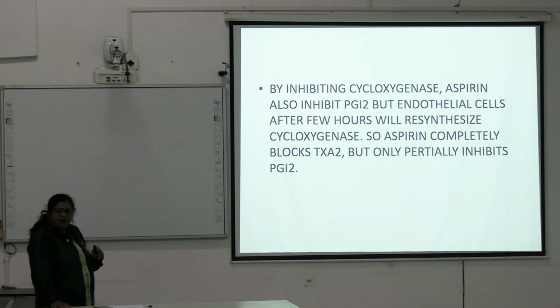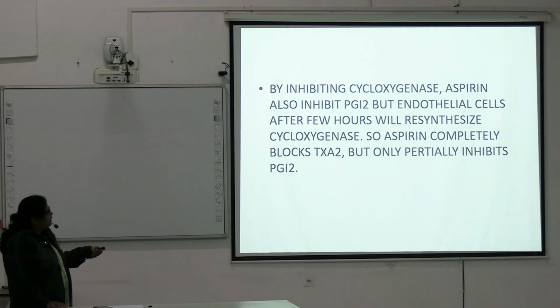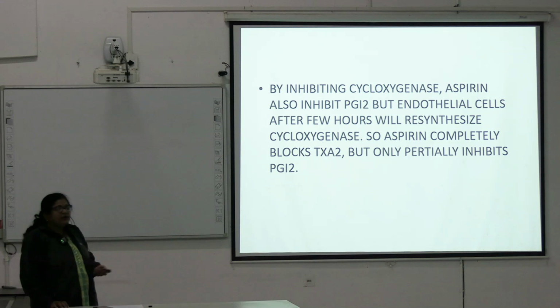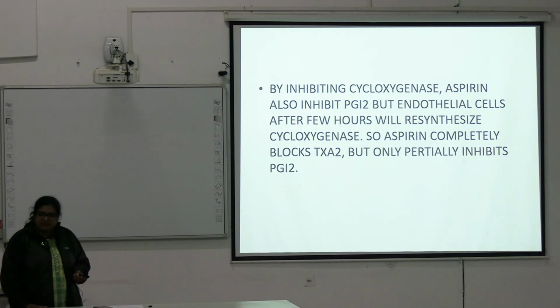So, aspirin completely blocks thromboxane A2, but only partially inhibits prostacyclin, because prostacyclin is again produced by these endothelial cells, which produce the cyclooxygenase enzyme. But platelets cannot resynthesize this cyclooxygenase enzyme, so it completely blocks thromboxane A2.